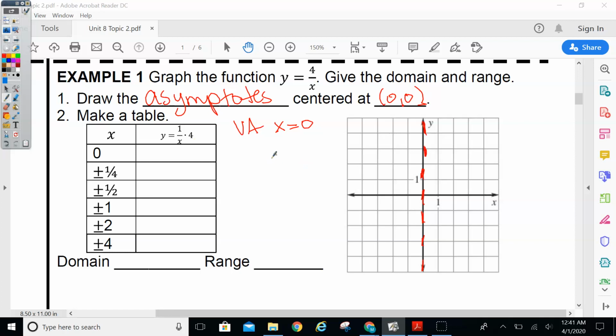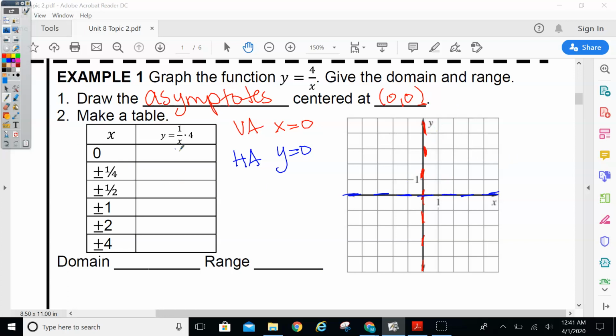And there's no k, so y equals 0 is your horizontal. What's happening with the 4 is that's stretching the hyperbola out. So instead of being inwards right here at 1, 1, it's going to kind of stretch it out further.